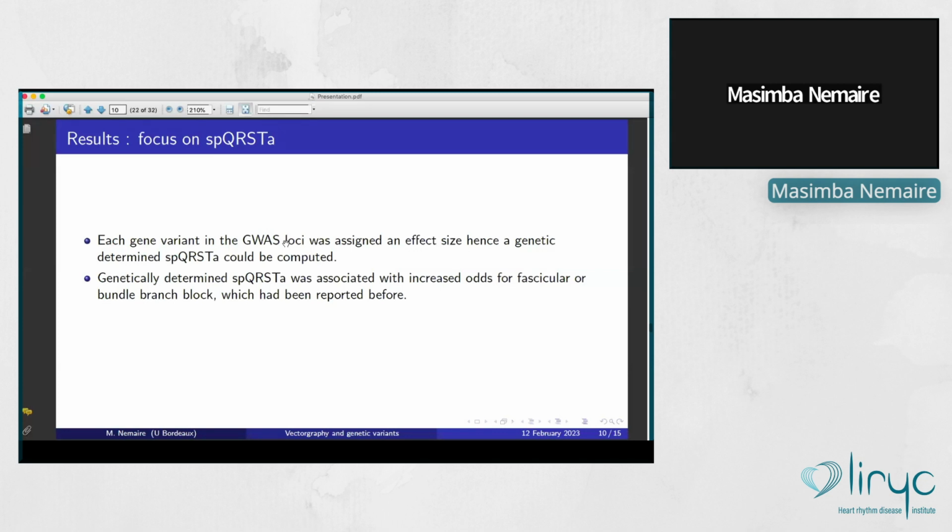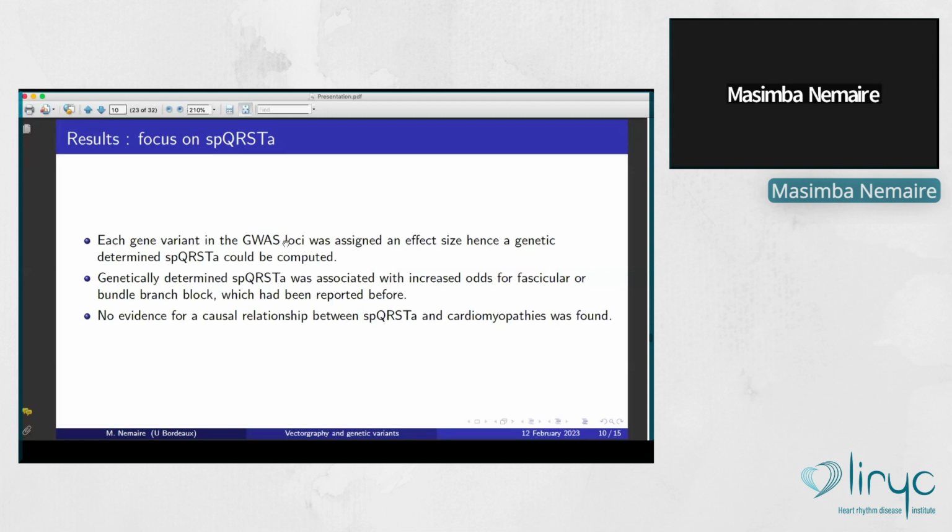This was reported a few years ago according to their paper. And unfortunately, they found no causal relationship between an abnormal spatial QRST angle and some cardiomyopathies. So up to now, there was this momentum that, okay, maybe there's something here.